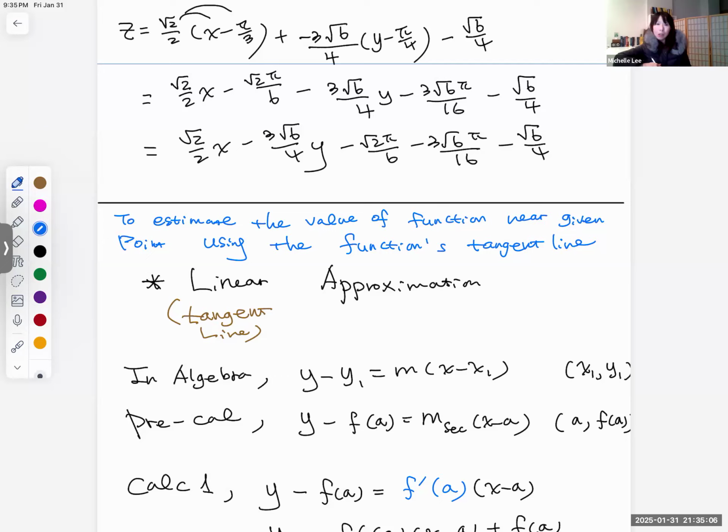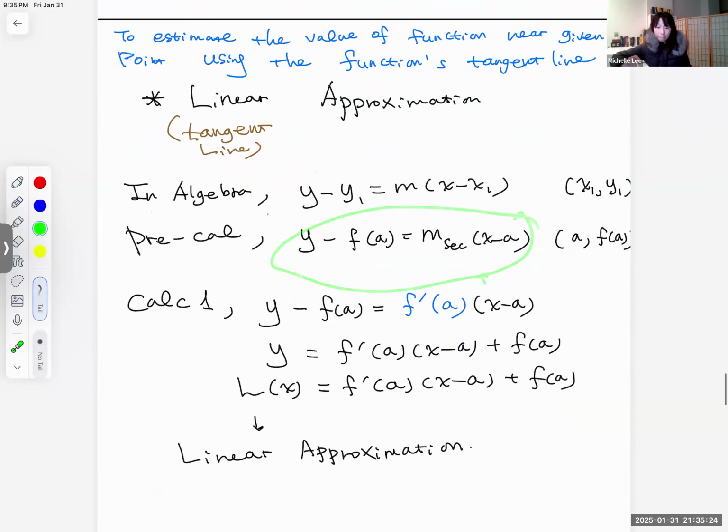So we have in algebra, what's the equation? So we have the equation of that, right? Then in pre-calculus, we are using function notation, right? Then in Calculus 1, we are following the same, but for the slope, we change to advanced notation, which is the slope of the tangent line, which is the derivative, right?